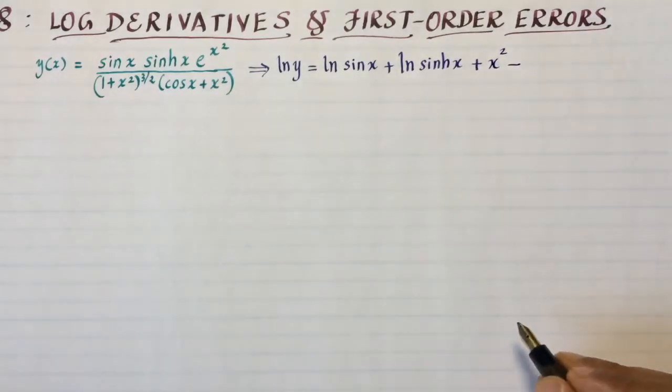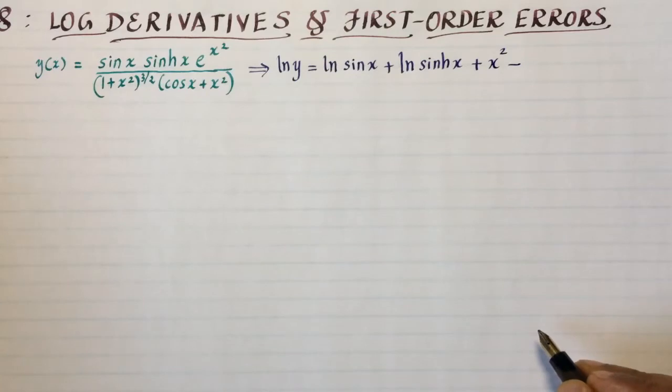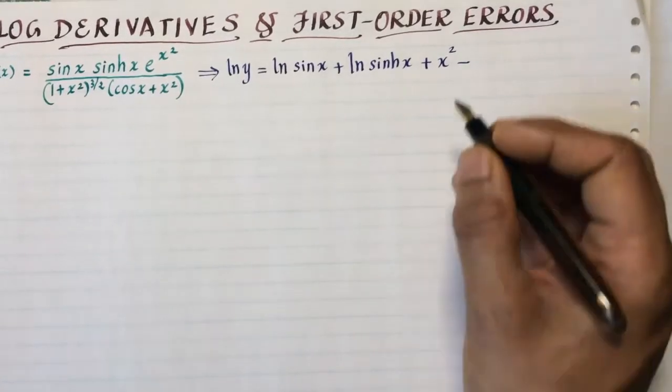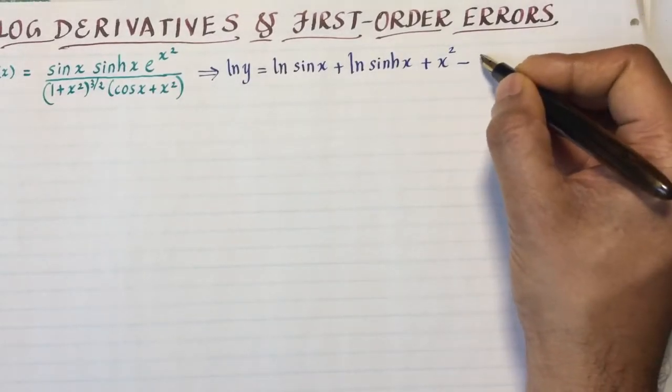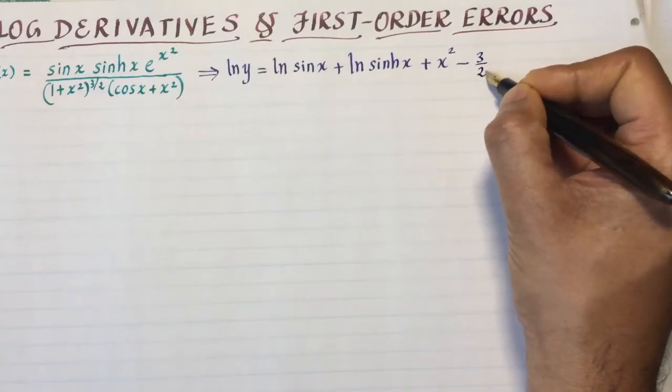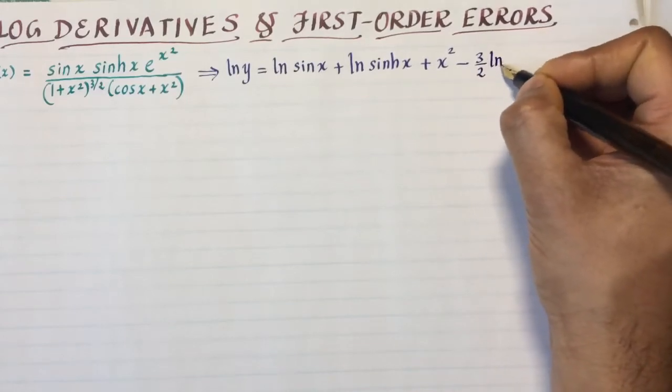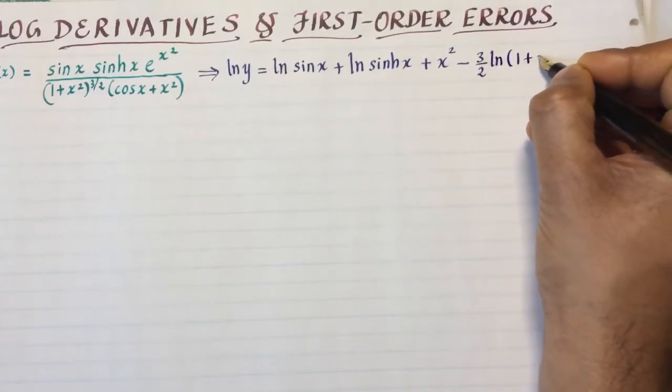And then now for the denominator terms. In the denominator, I have 1 plus x squared to the power 3/2. So 3/2 power comes in front of the logarithms by the power rule of logarithms. So I'm going to get negative 3/2 times natural log of 1 plus x squared.